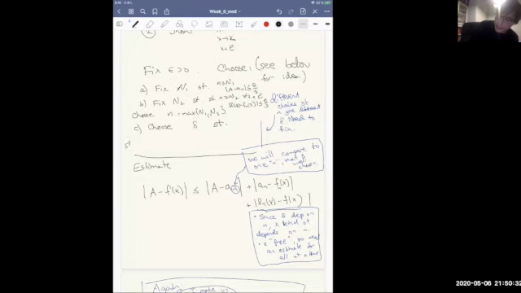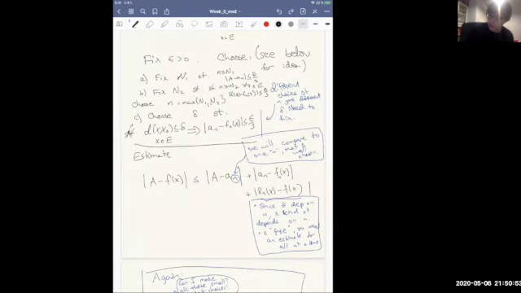Then using that, we can choose a delta so that if the distance from x to x naught is less than or equal to delta, and x is in E, then these two together imply that |a_n minus f_n(x)| is less than epsilon over 3. This is stating the limit value definition that we discussed on Monday.